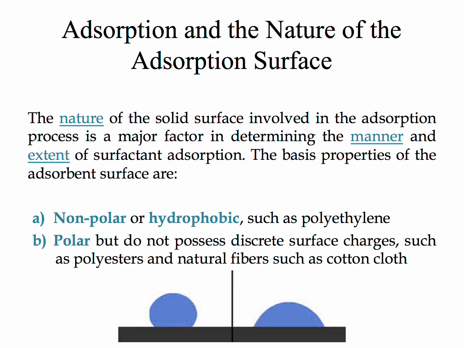In summary, the key point to remember is that the nature of the surface controls the strength of interaction between molecules and the surface. This directly affects how much adsorption occurs and how the liquid behaves on the surface. Different types of surfaces will therefore result in different adsorption behavior.